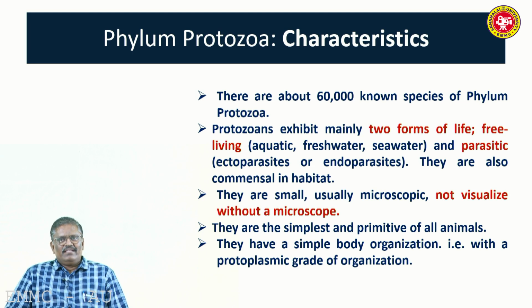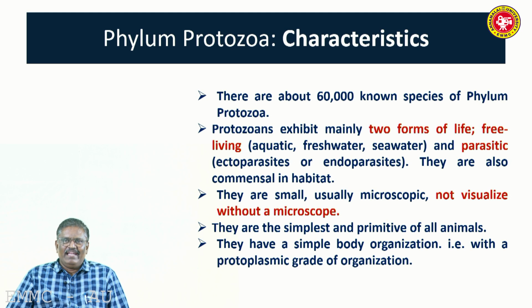There are 60,000 known species of phylum Protozoa. The protozoans exhibit mainly two forms: free living and parasitic modes of life. Free living means aquatic, freshwater and seawater organisms living freely. The parasitic mode of life includes ectoparasitic and endoparasitic forms.